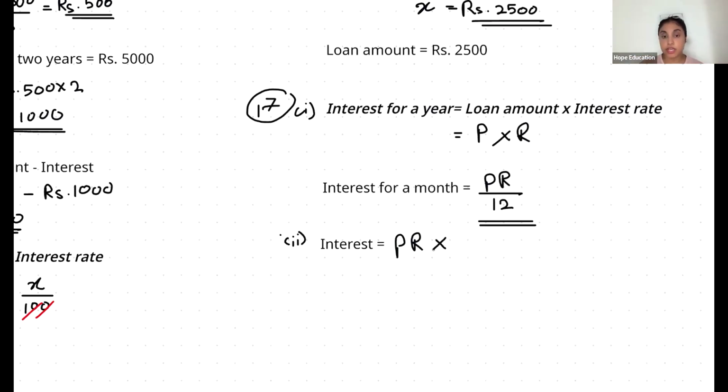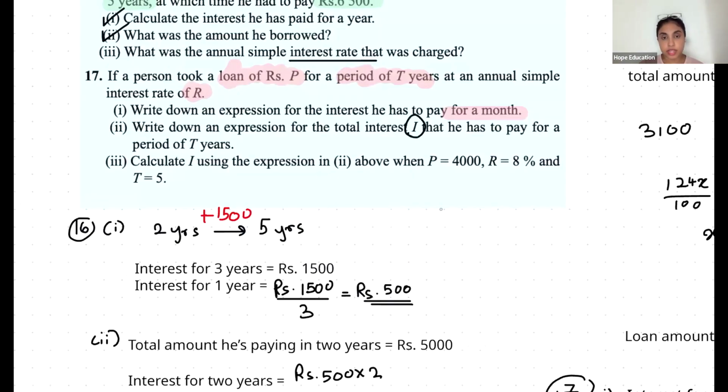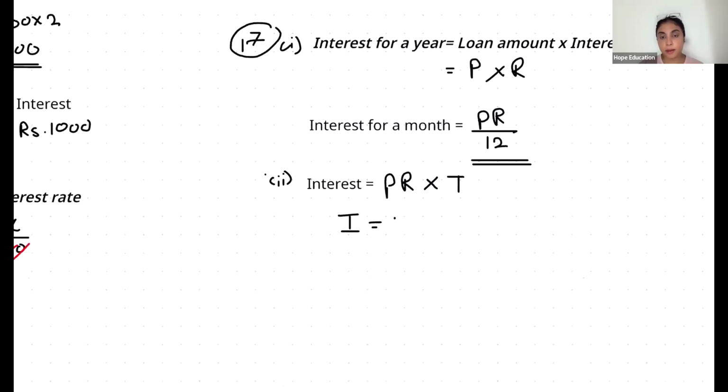So the number of years is T. They are saying write down an expression for the total interest I. So for the total interest, they are asking us to use the letter I. So then total interest I equals interest for a year multiplied by the number of years. This is what you should get. Is this clear to you, Lamai?